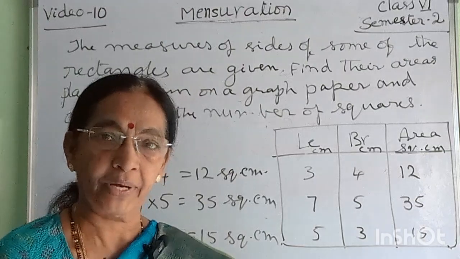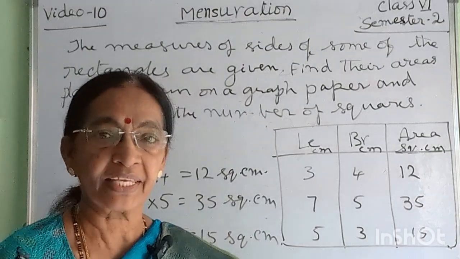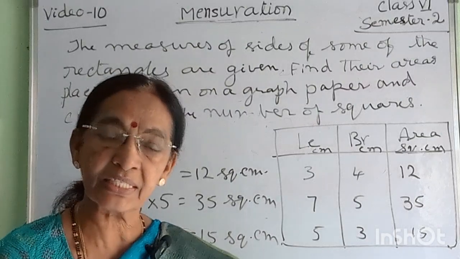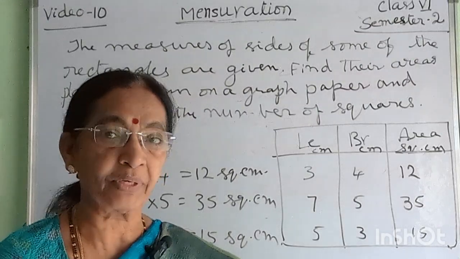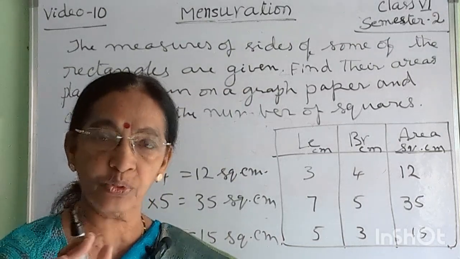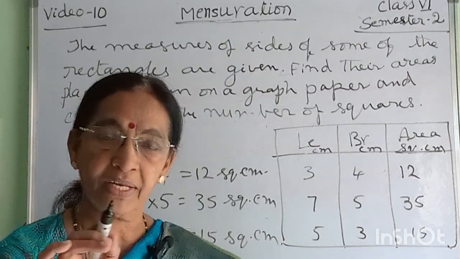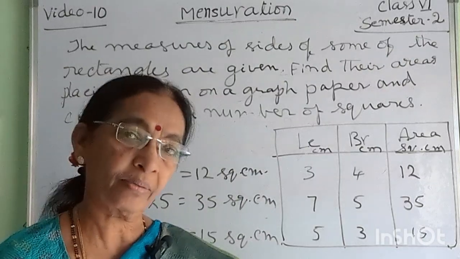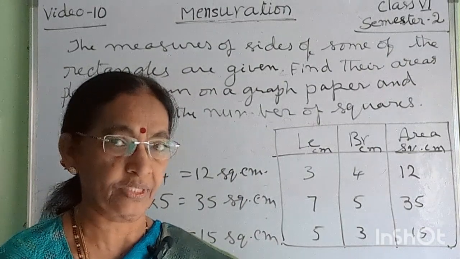If length and breadth are in centimeters, the area will be in square centimeters. If length is in centimeters and breadth is in millimeters, you should convert both into the same units, whether the centimeters are converted into millimeters or millimeters into centimeters.